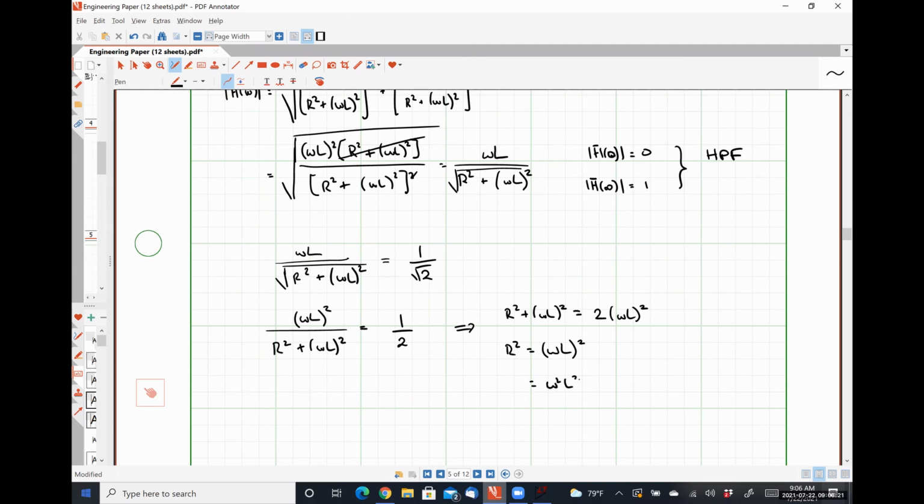So omega C is equal to R over L. I think I made a mistake previously, actually.